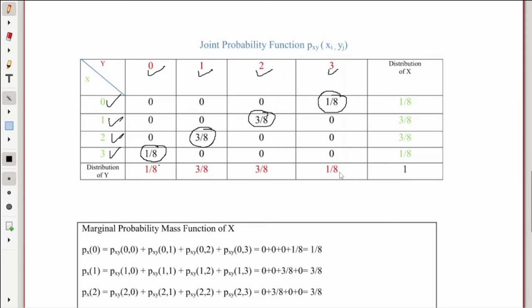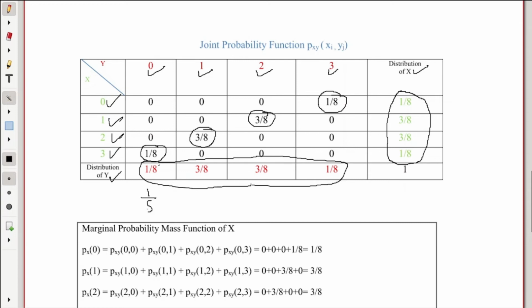Now see that here the green ones are the marginal probabilities of random variable X, and this one is the marginal probabilities of random variable Y. You can see the sum is 1 upon 8, 3 upon 8, 3 upon 8, 1 upon 8, that is 1.